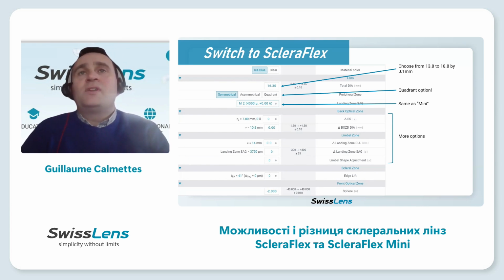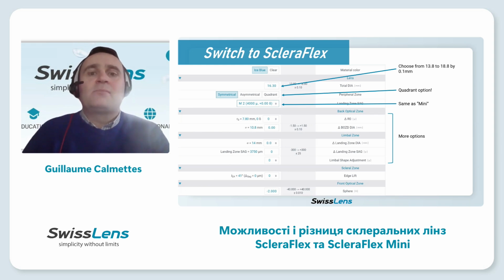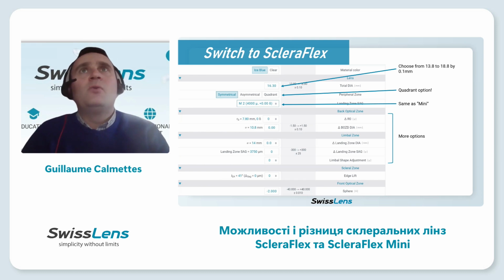But the good part is, if you start with the ScleraFlex Mini, you don't need to change the landing zone sag. That means it's the same if you start with the ScleraFlex Mini on, for example, an M2. If you want to increase the diameter, you don't need to think about how to do something on the central part.